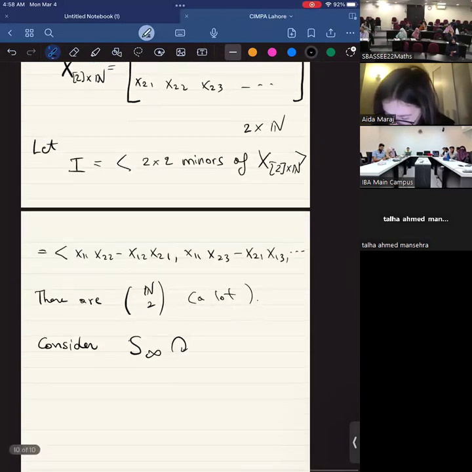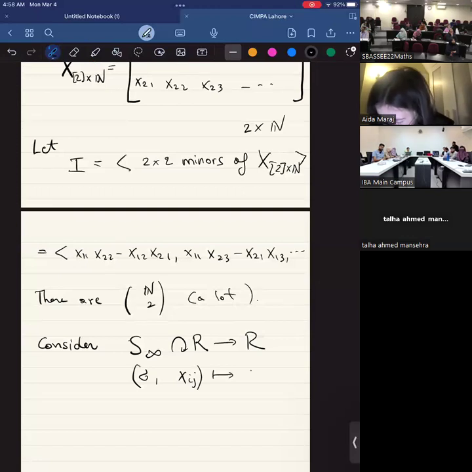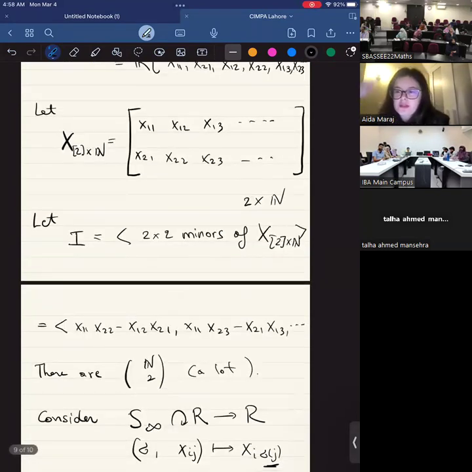So this acts on R by taking any sigma, and xij will get mapped to xi sigma of j. So only on the second index, since the first one has only 2 options, 1 and 2, and the other one is varying.